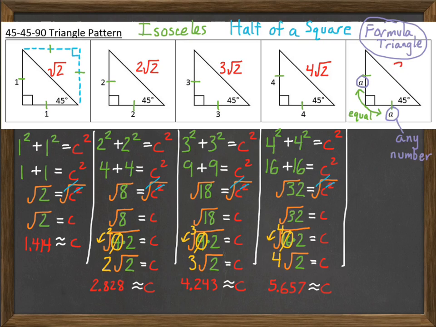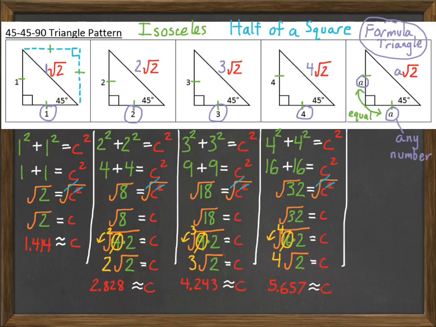Well, whatever goes there, I know it's going to have a square root of 2 in it. And then it's going to have some number out front multiplied by it. Well, what would it be? It's just whatever number is in the place of A. So I'm going to call that A square root of 2. You can see it as I recolor code the triangles on the left.